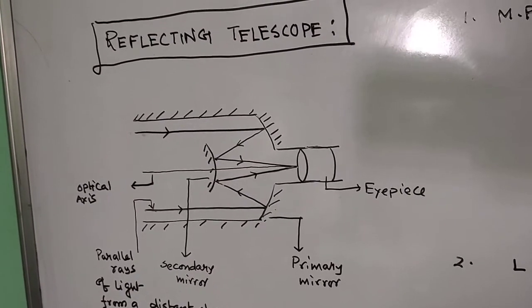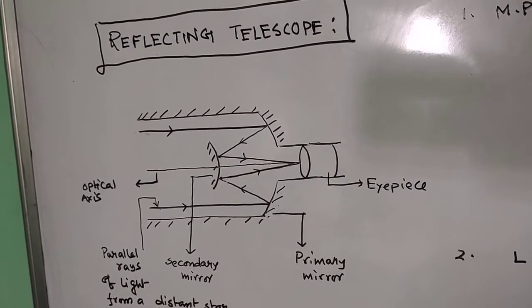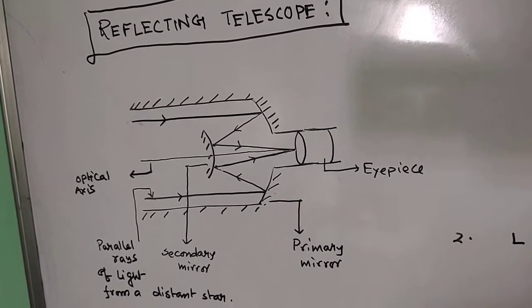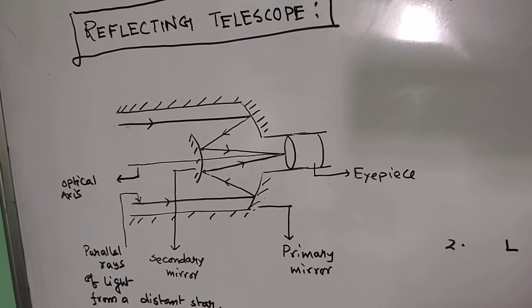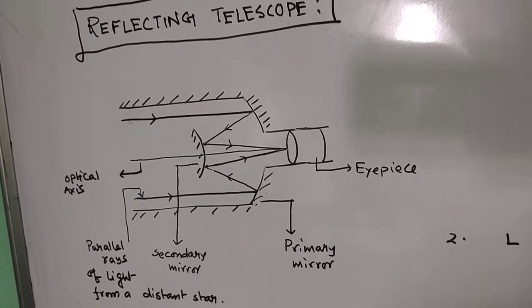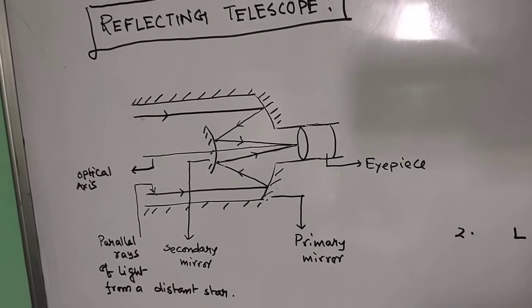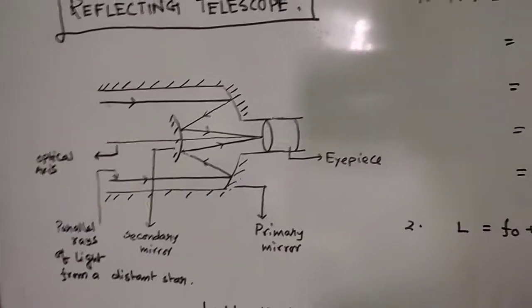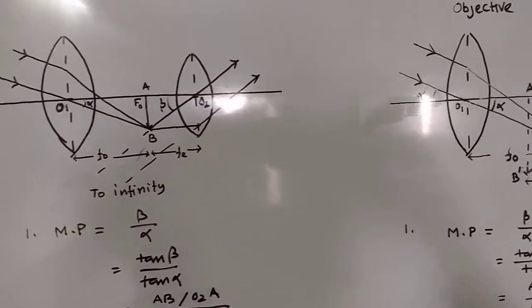The rays come and strike the primary mirror and suffer reflection, and after that they enter the eyepiece. So the secondary mirror and primary mirror are there, and this is the reflecting type of telescope.